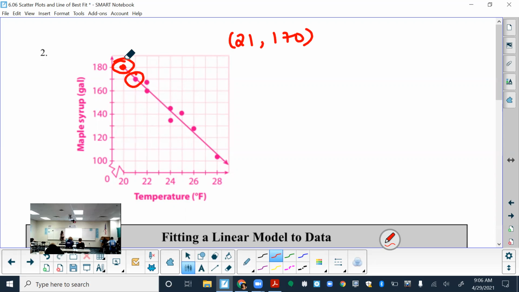So that's why I'm using it. And that coordinate is going to be 20, comma 180.